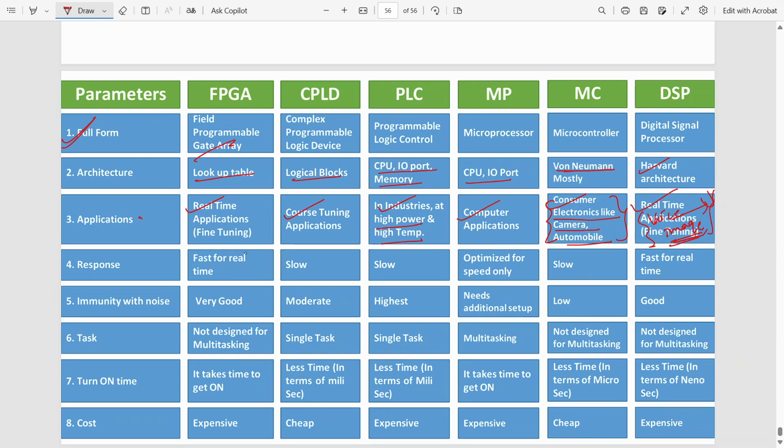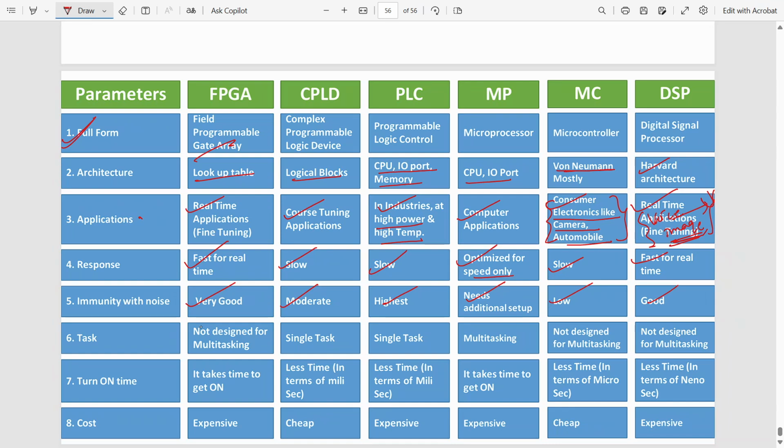Speed: faster for real time, slow, slow, optimized for speed only, and faster for real time. Immunity to noise: very good, moderate, highest, needs additional setup, low, good.